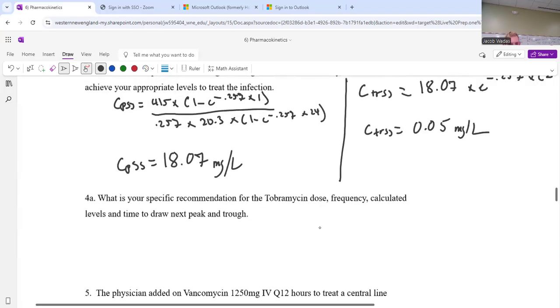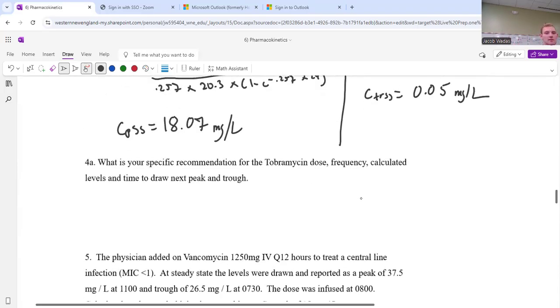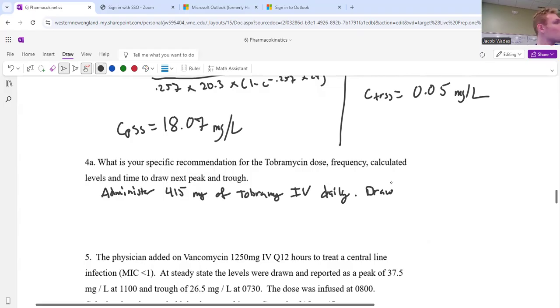Alright, so specific recommendation for tobramycin. Administer 415 milligrams of tobramycin IV daily, infused over 1 hour.